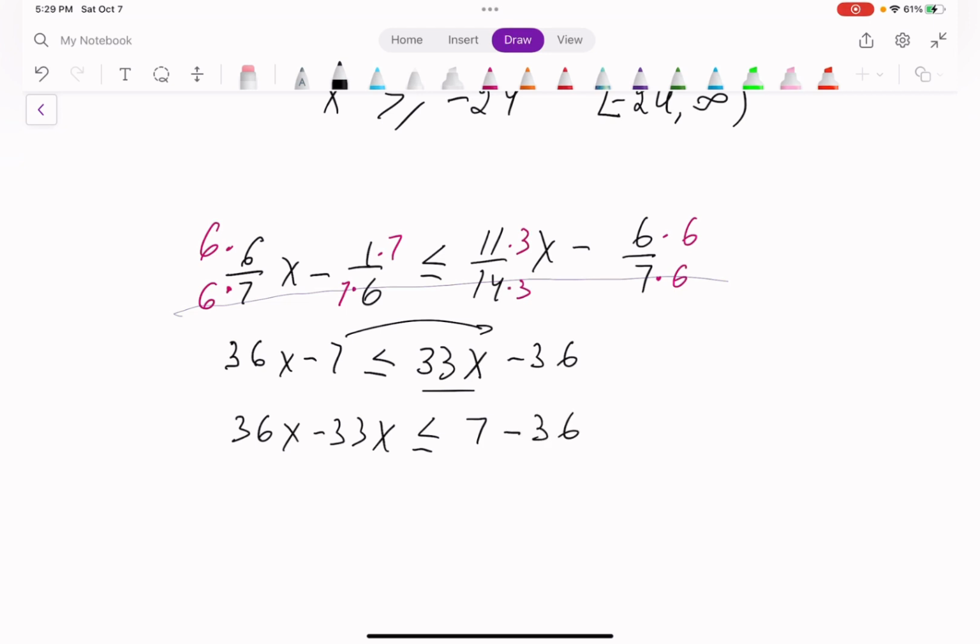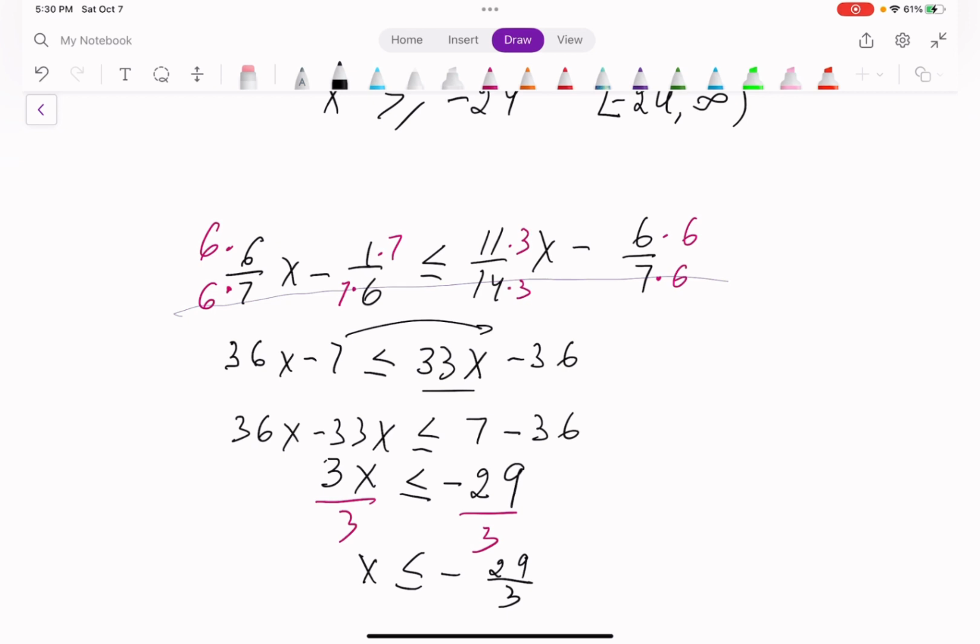So 36x minus 33x is 3x, less than or equal to negative 29. And the answer is x is less than or equal to negative 29 over 3.